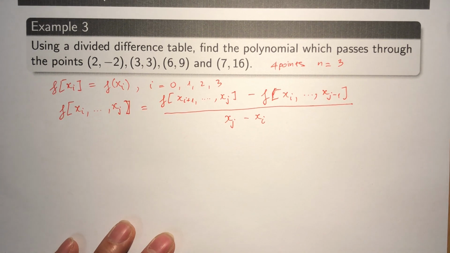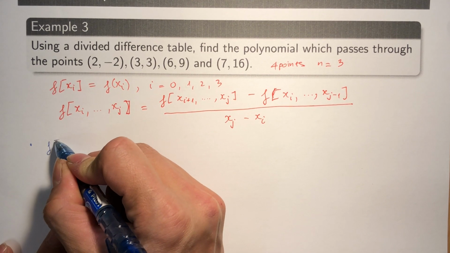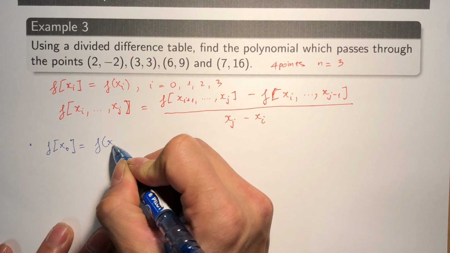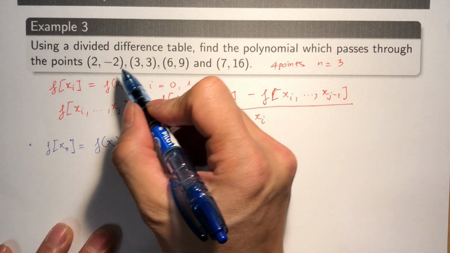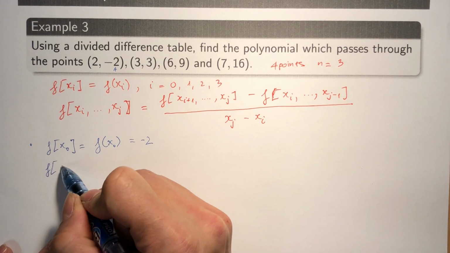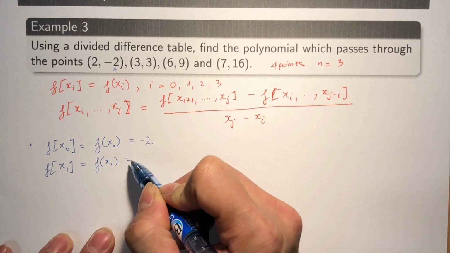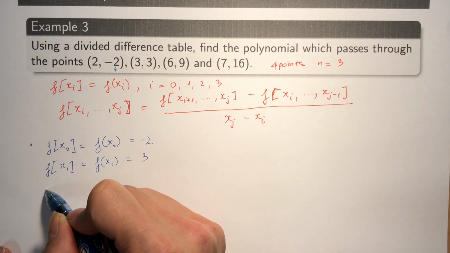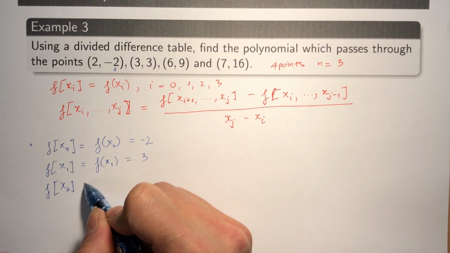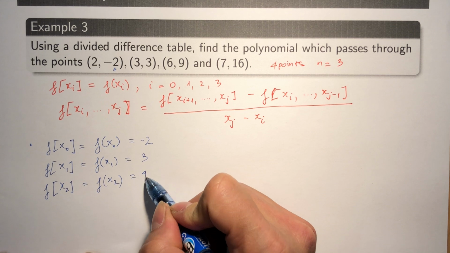So with it, we can see f x0 equals minus 2. f x1 equals 3. f x2 equals 9.